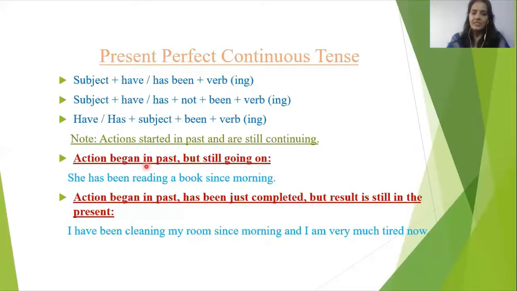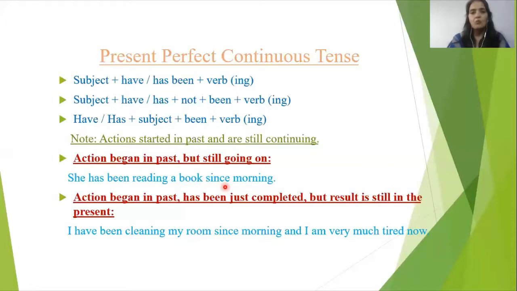See, if the action began in the past but is still going on, one example is here. She has been reading a book since morning. Since morning, a time period. This is the identification of this tense. Since or for. Where do we use since? When the time is fixed.